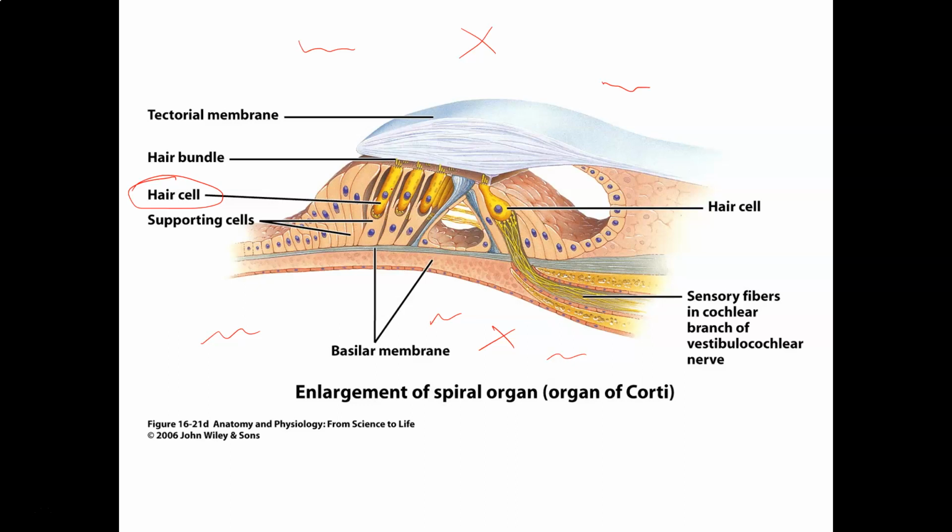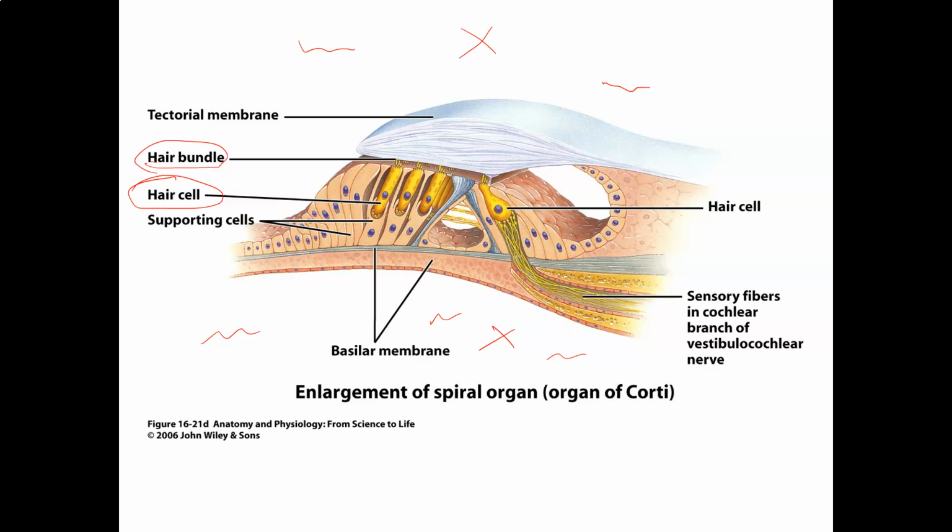Like taste, the actual receptors here are not neurons. They are specialized, modified epithelial cells that serve as the actual receptor, in that they have hairs, which you could think of as sort of like dendrites.